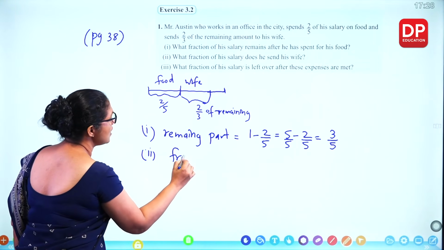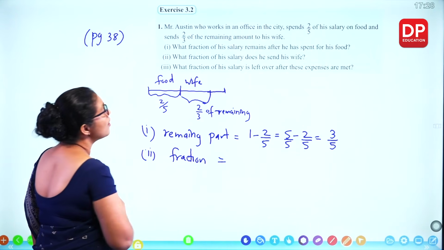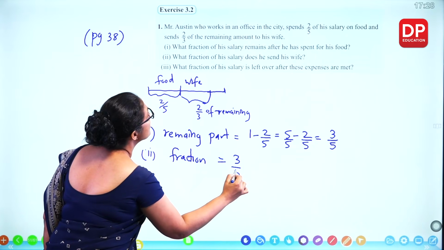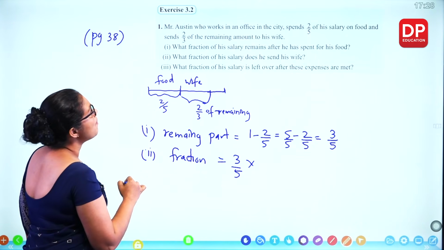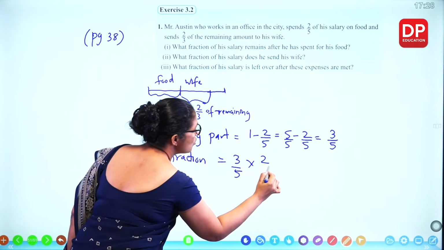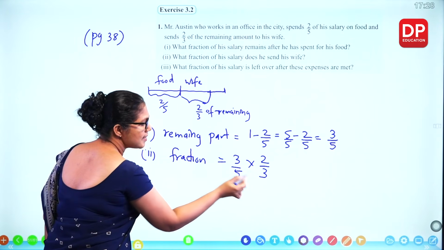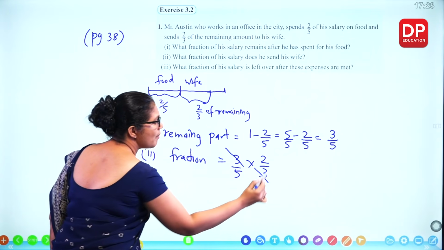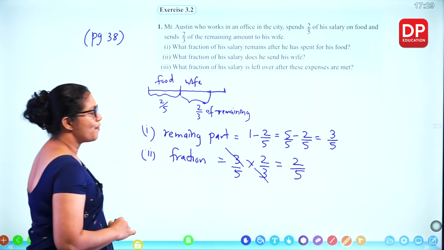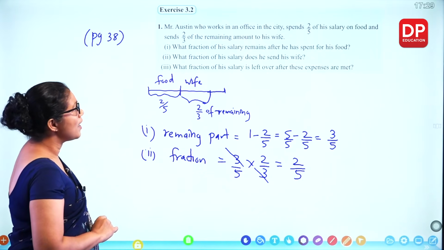The fraction given to his wife is 3/5 multiplied by 2/3. 2/3 of 3/5. Can you simplify this? Yes, we can see 3 is common. You can cross it out and write 2/5. So you found the fraction for his wife.